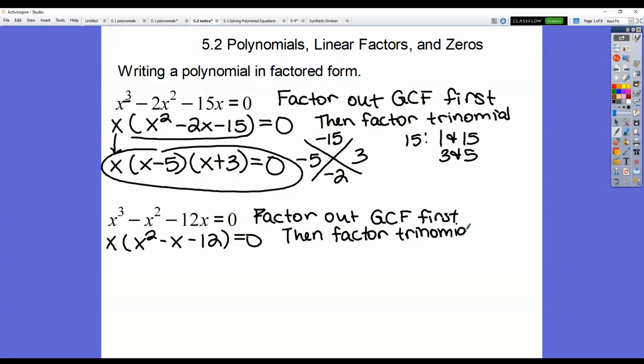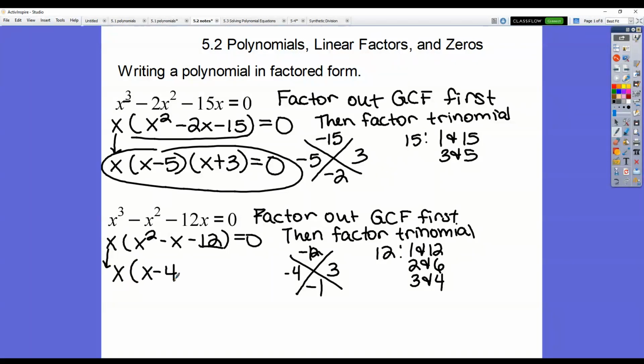And remember, the trinomial is the one with 3 terms. So we draw our x. What multiplies to negative 12 and adds to negative 1? So factors of 12: 1 and 12, 2 and 6, 3 and 4. Well, this would be negative 4 and 3. So then we drop down our x again. We're at x minus 4 times x plus 3. And then we're done.